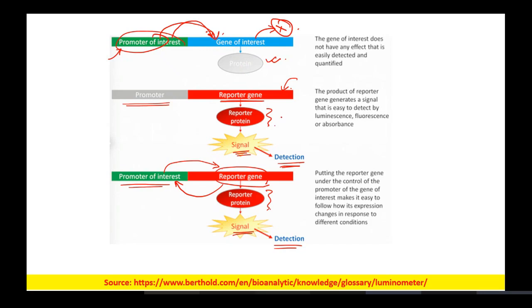Over here, definitely, this protein will not be generated, but it can allow you to understand under what condition this gene of interest may be activated or its activity would be hindered. Okay.